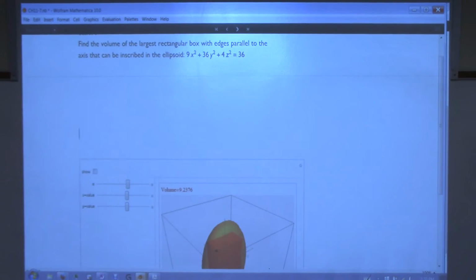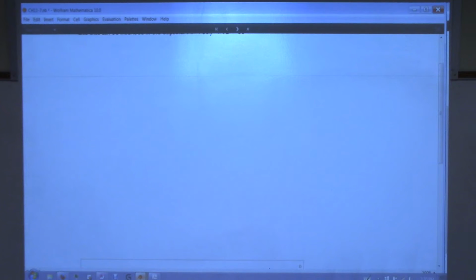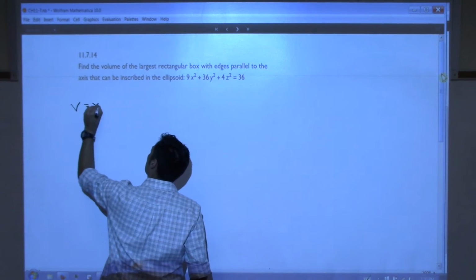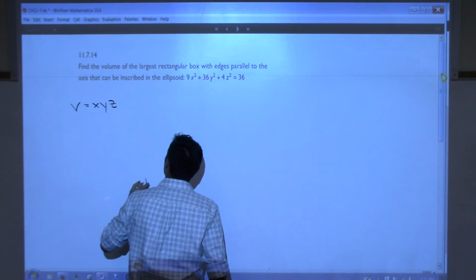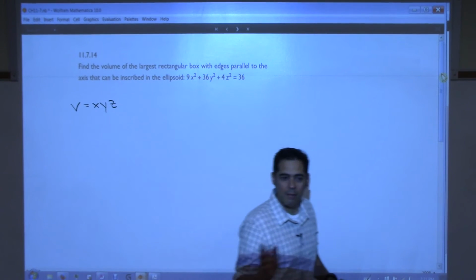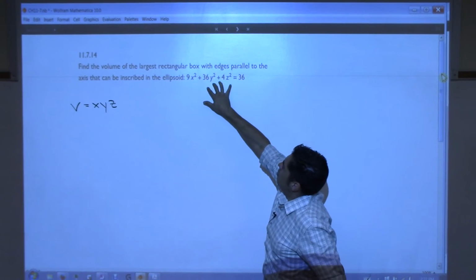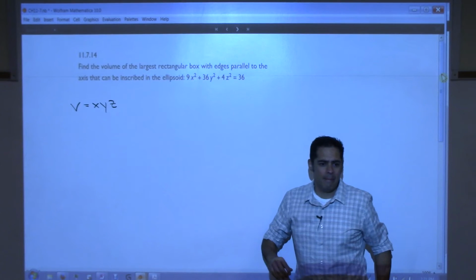We needed to find the maximum of this volume function, volume was x, y, z. And we were restricted to this ellipsoid, right?